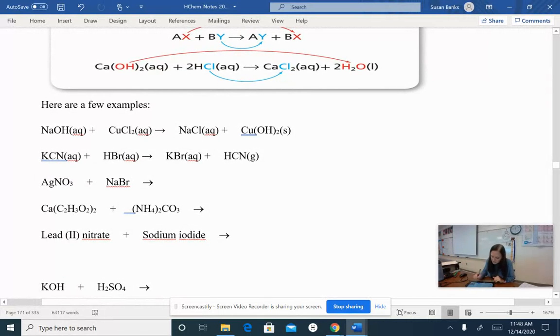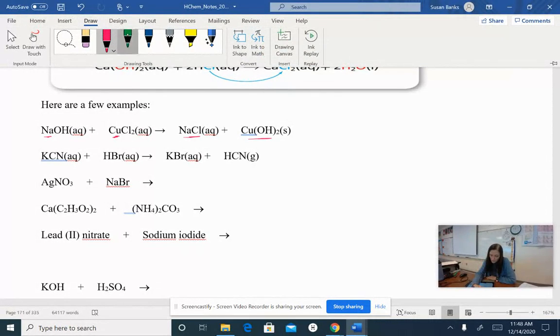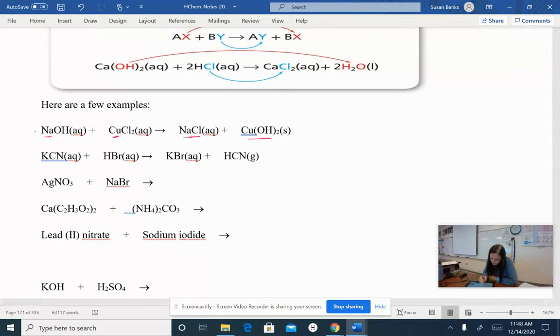So we have sodium hydroxide reacting with copper 2 chloride, and in the end, sodium gets together with the chloride, and copper gets together with the hydroxide. Do you see how everyone's switching partners here? So let's balance this equation. So 1 sodium, 1 sodium. I'm okay so far.